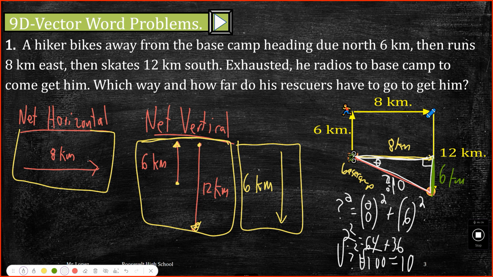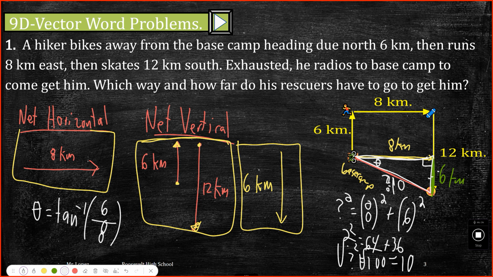How can I figure out what this angle theta is? If we do know 6 and 10 now, I can use what? It doesn't even matter, no? We can use what? 6 over 8. What's 6 over 8? Which ratio is 6 over 8? Tangent. So let's do tangent. So what's the angle here? Theta is going to be tangent inverse of 6 over 8. That's the angle that we need.